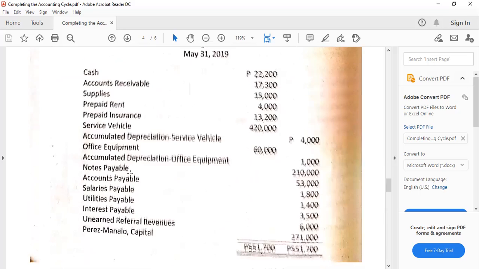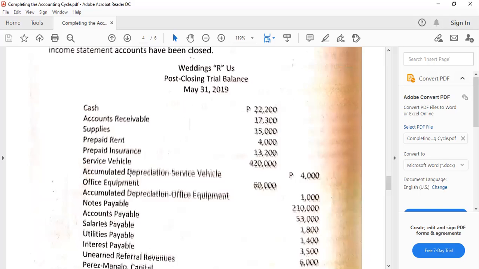So this is an example of our post-closing trial balance. You can see here the heading. Whenever we prepare a report, we always prepare a heading. The heading is composed of the name of the company, the report that we are preparing, and the date line.